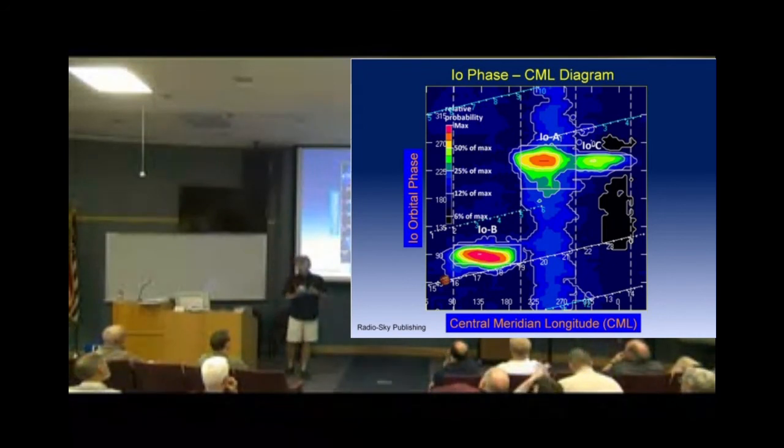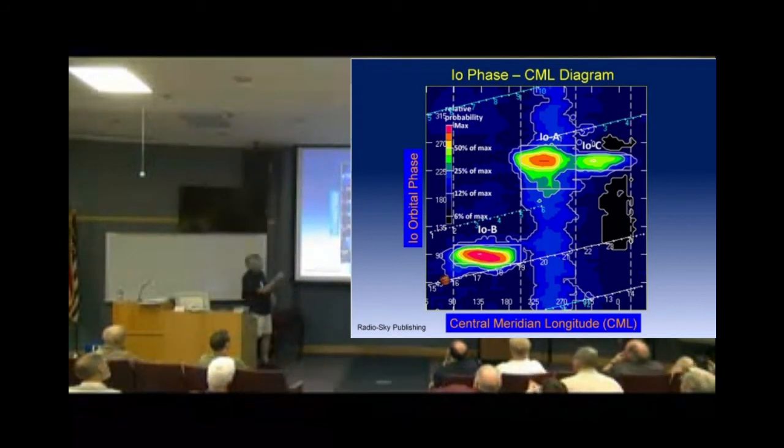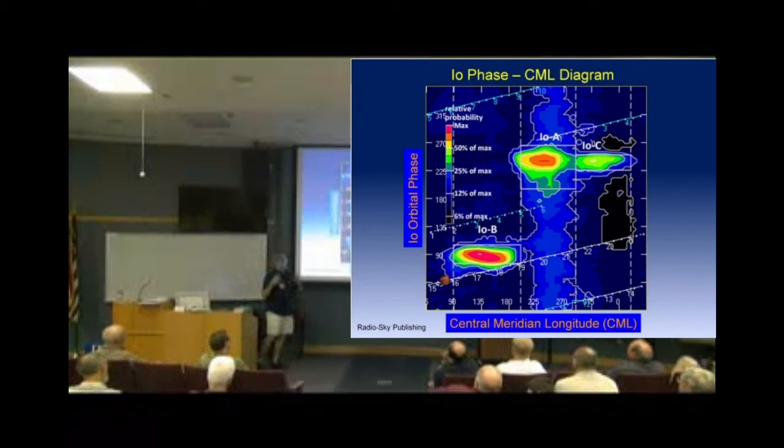So we now make a more complicated map here, where we're showing the orbital phase of Io from 0 to 360, and then the central meridian longitude, 0 to 360, although we offset it just a little bit here. And then you see these regions where Jupiter emits or has a higher probability chance of emitting.